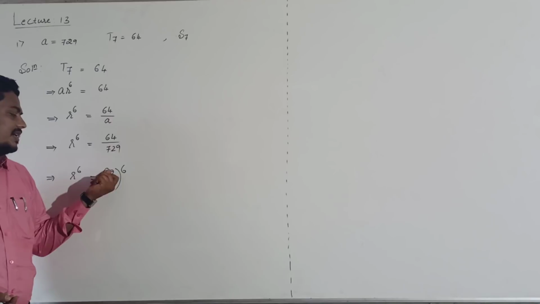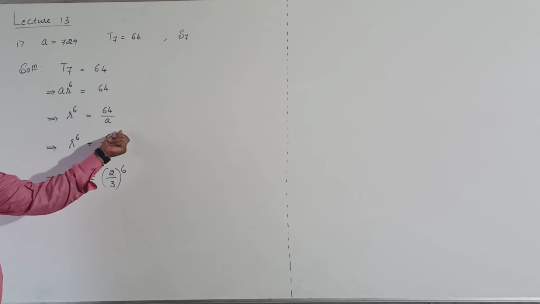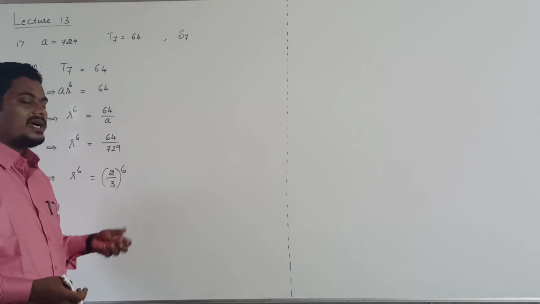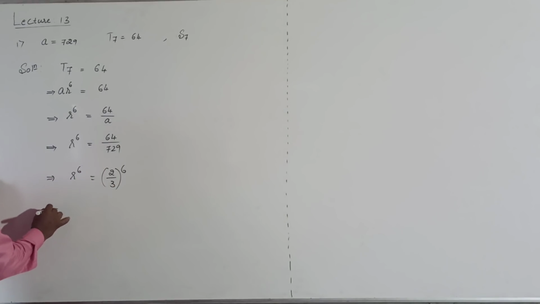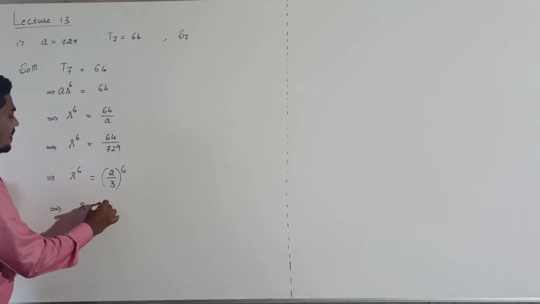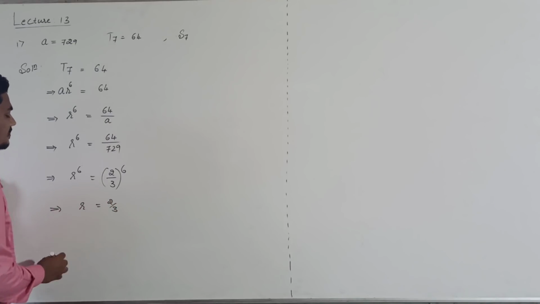If you simplify 2 by 3 whole thing power 6, then you get 64 divided by 729. Clearly powers are equal means bases are also equal, therefore r value is 2 divided by 3.